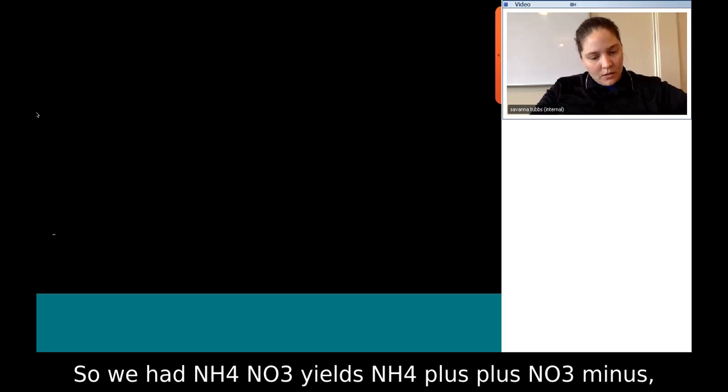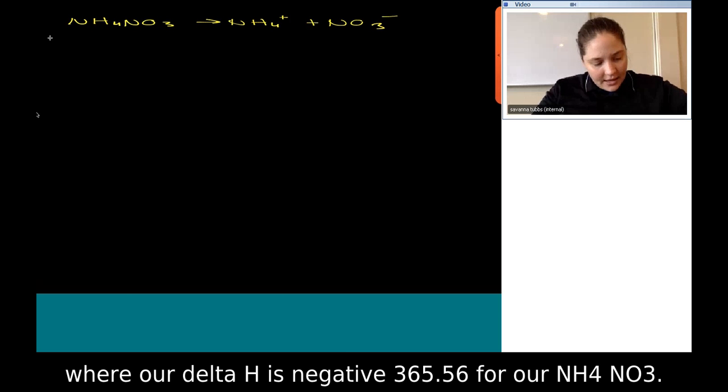All right. So we had NH4NO3 yields NH4 plus NO3 minus, where our delta H is negative 365.56 for our NH4NO3.